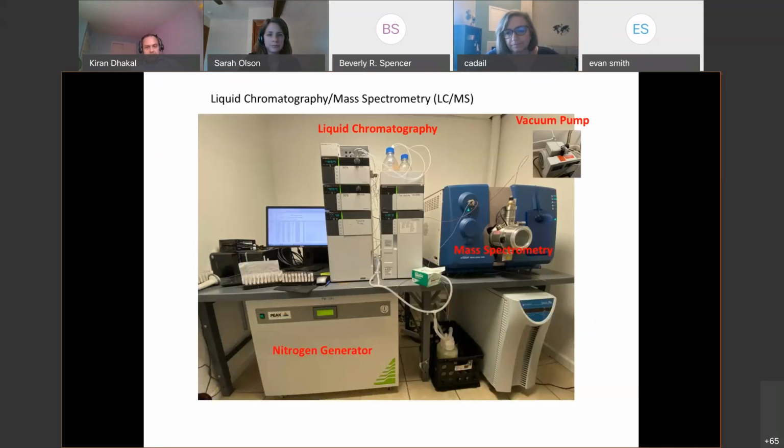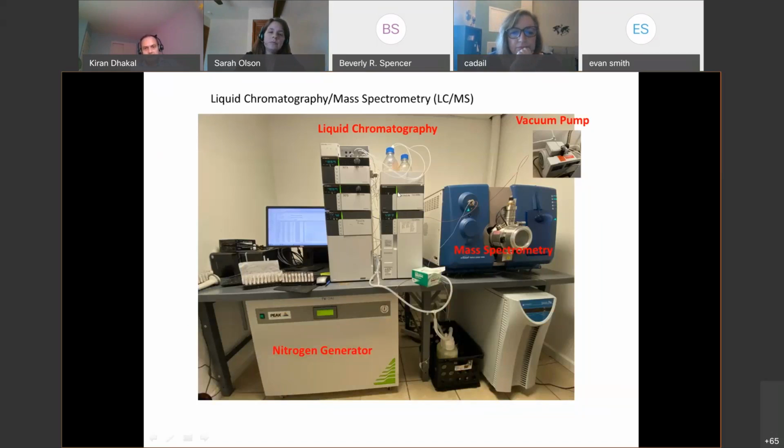This is an example of mass spectrometry. You can see a liquid chromatography here. This instrument has these liquid solvents, and you have a column inside, and then it is a liquid flow system.